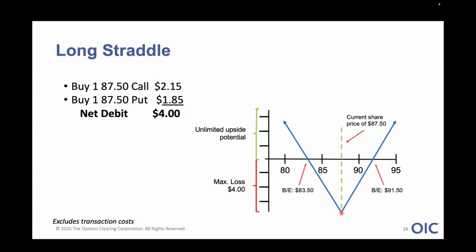Okay. In this case, your breakeven on this position at expiration is based on the $4 that you paid. And anytime you buy options, the most you can lose is the debit that you paid. So if we buy one straddle, this $4 straddle is going to actually cost us 400, because there's a 100 multiplier for every standard options contract.